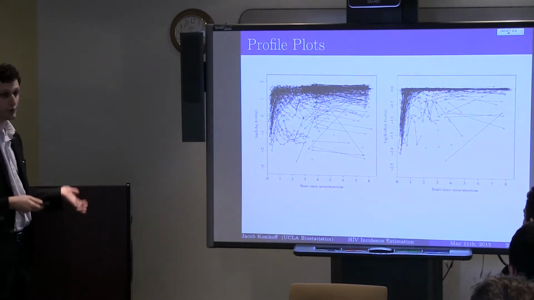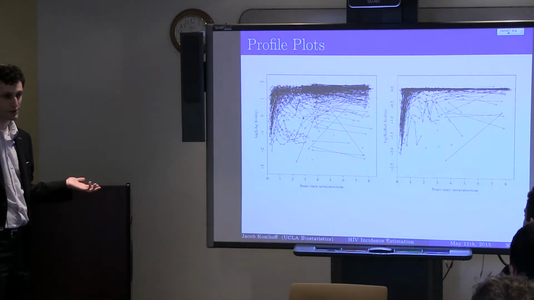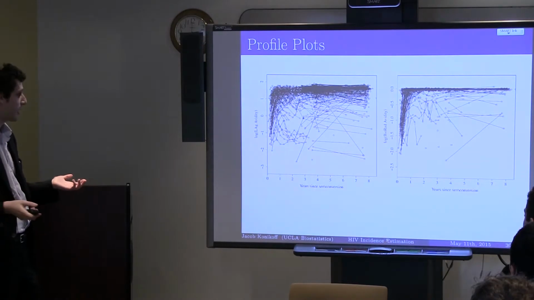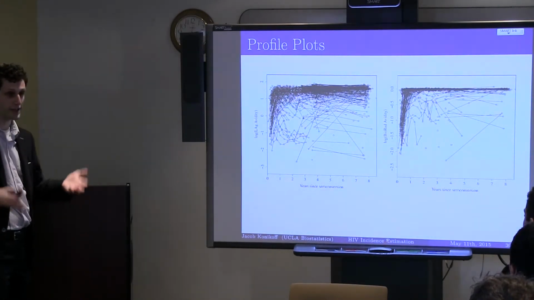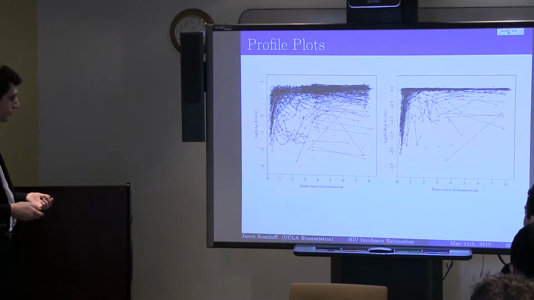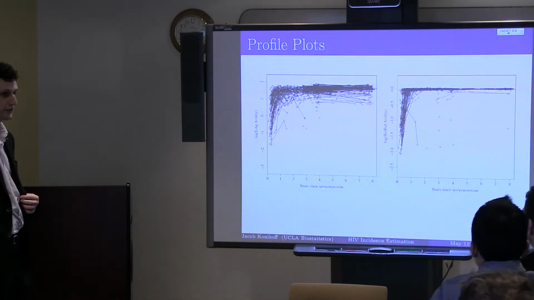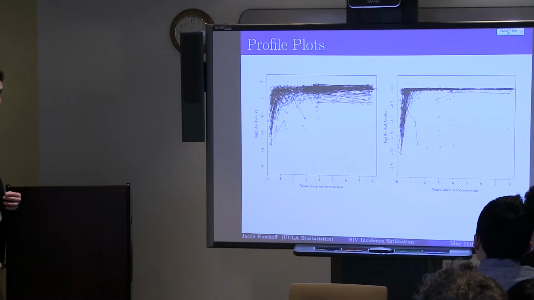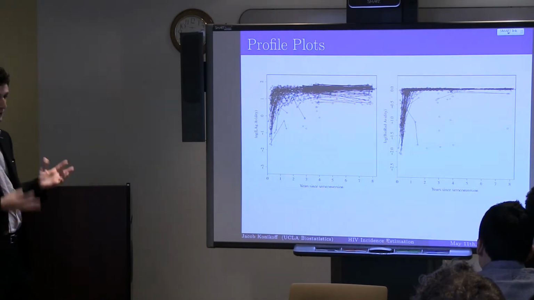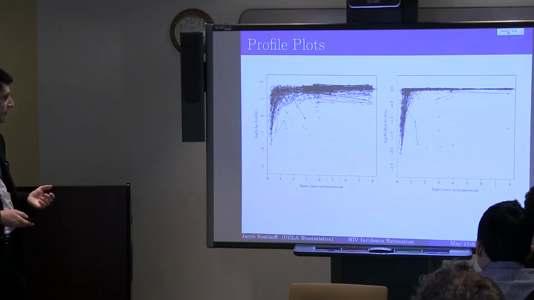Let's remove those people who are on antiretrovirals, who have viral loads below 400 copies per microliter of blood, right? That shows that they're virally suppressed. So if we remove those people, here's what we get. Much cleaner patterns, much easier to model, much easier to separate the recent infections from the long-term infections.